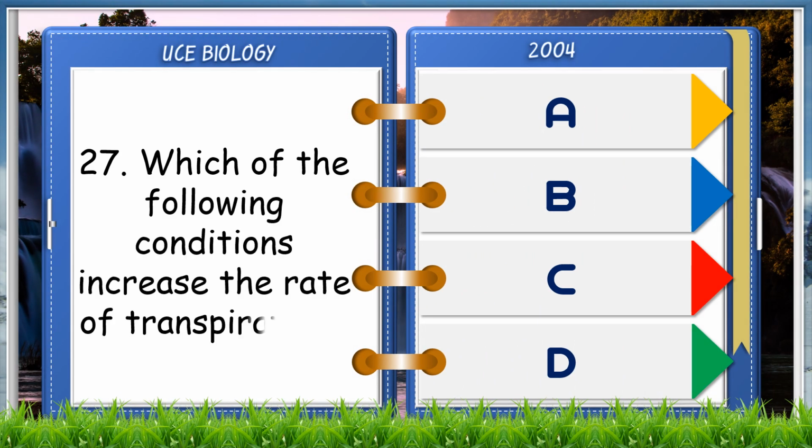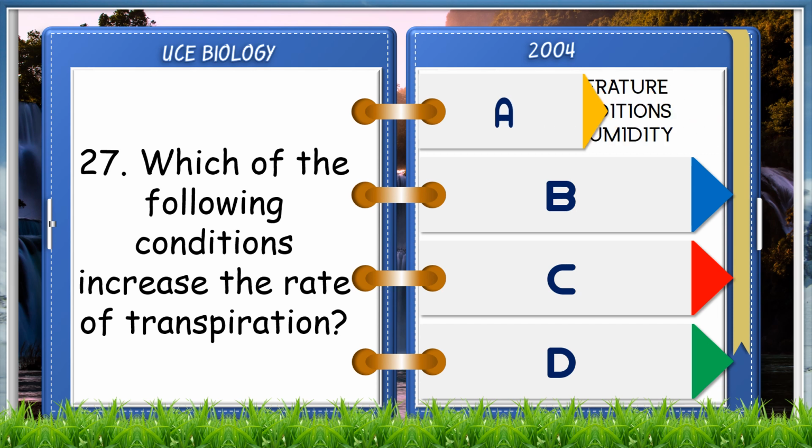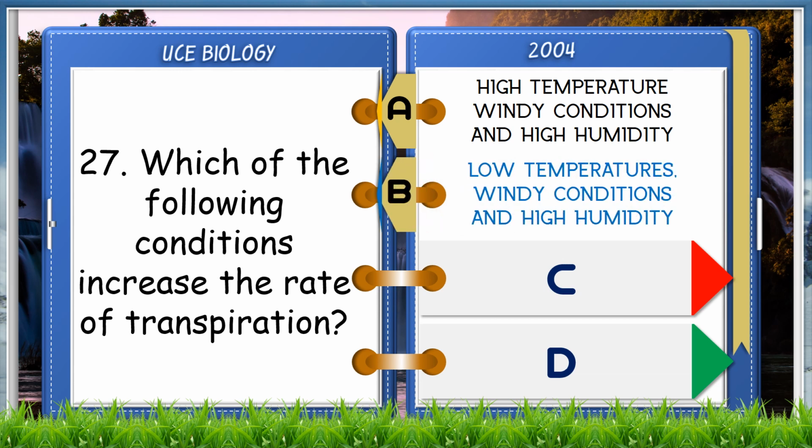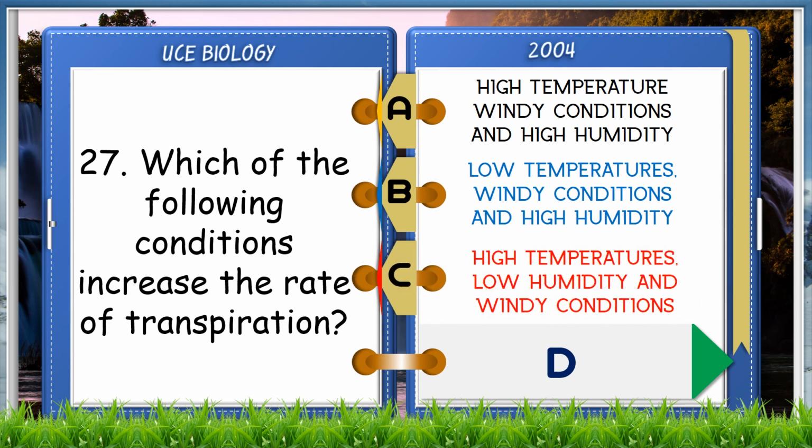Which of the following conditions increases the rate of transpiration? A. High temperature, wind conditions, and high humidity. B. Low temperatures, wind conditions, and high humidity. C. High temperatures, low humidity, and wind conditions.